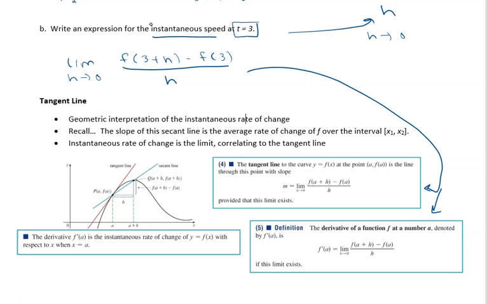Remember, the secant line was the average rate of change over x2 and x1. So what we're saying now is we're taking that x2 and x1 and getting them closer and closer together. As they get closer together, that becomes the instantaneous rate of change, and that represents our limit. And that also becomes the definition of our derivative.